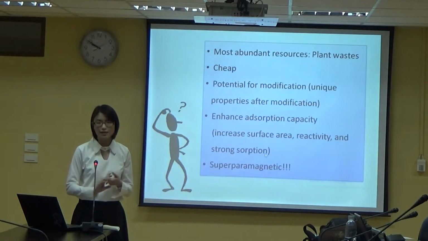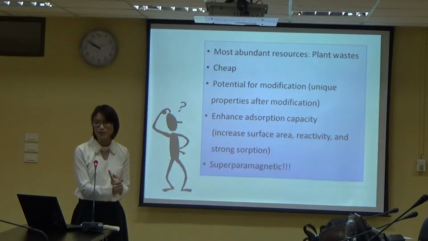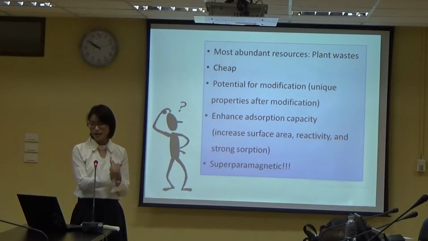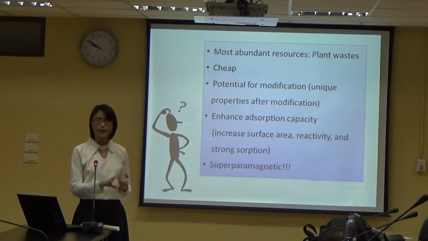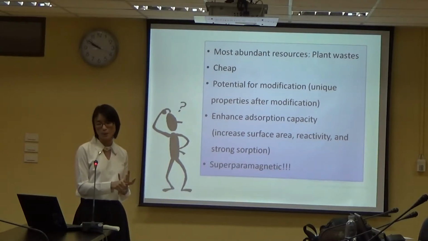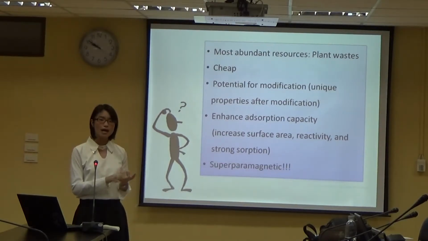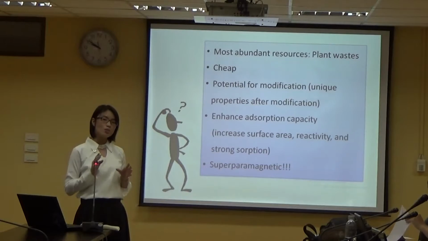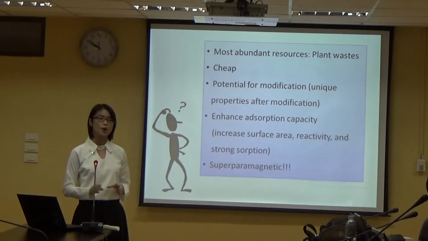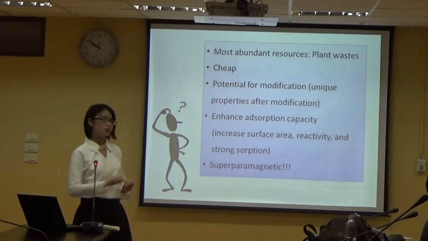And the other advantages are that it is cheap compared to other techniques, with high modification potential, higher adsorption capacities, and lastly, it has superparamagnetic properties. But you may wonder what superparamagnetic properties are. I will explain to you.